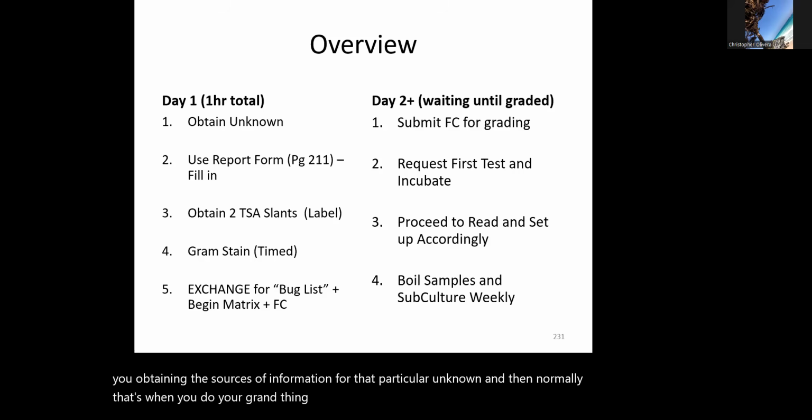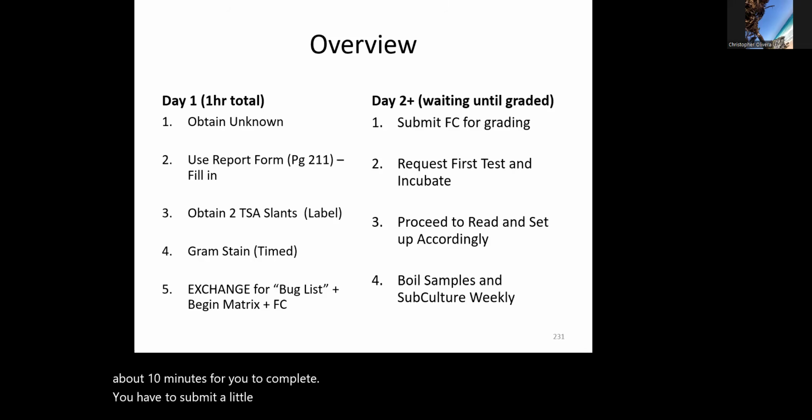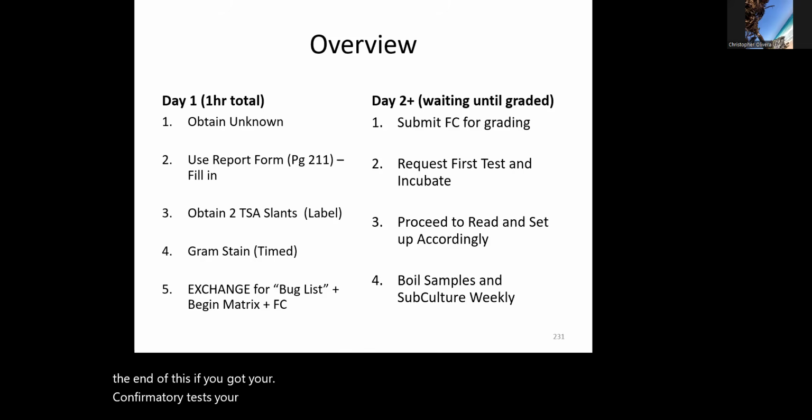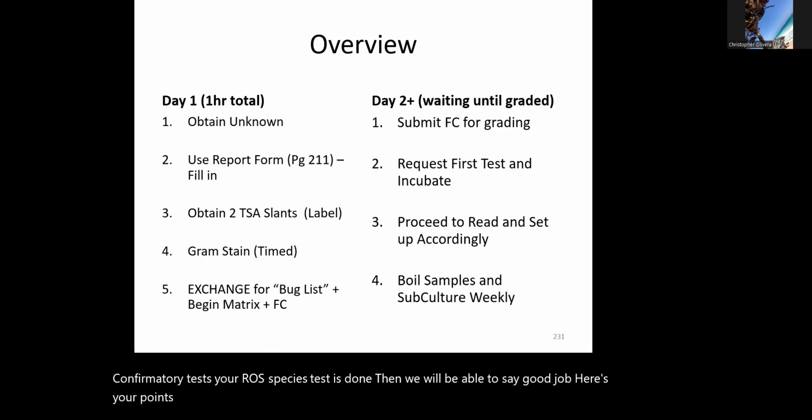And so the gram stain, just like in the first unknown, takes about 10 minutes for you to complete. You have to submit a little report for the points. In this case, it's worth 10 points. And then at the end of this, if you've got your confirmatory tests, your species tests done, then we will be able to say, hey, good job, here's your points, and request your bug list.